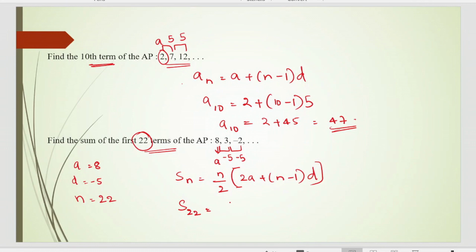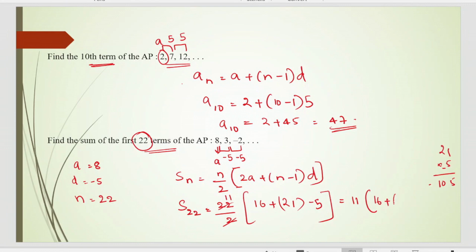S22 is equal to n is 22 by 2. 2 into a is 16 plus n is 22, right? 22 minus 1 is 21 into d is minus 5. So what do you get? This is 11. 11 into 16 plus, so minus 105.